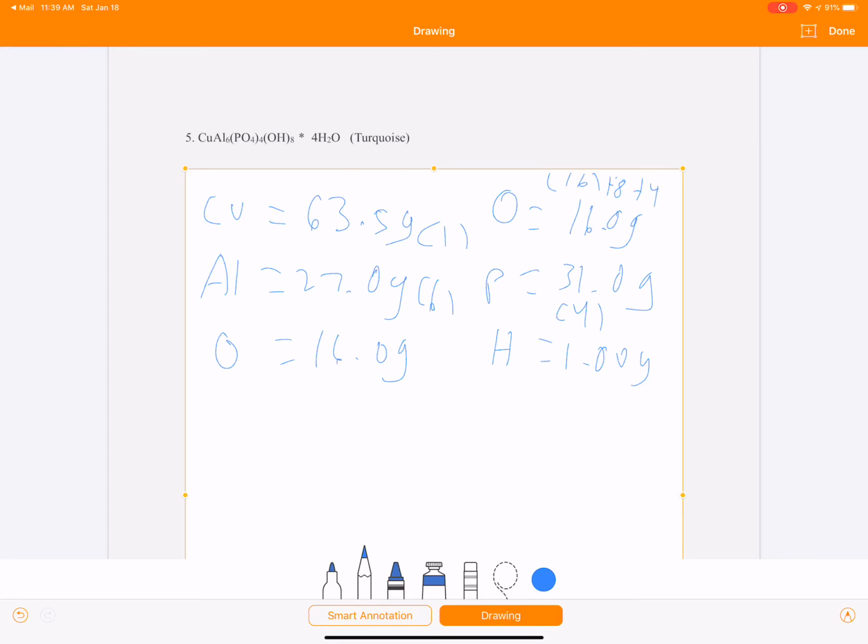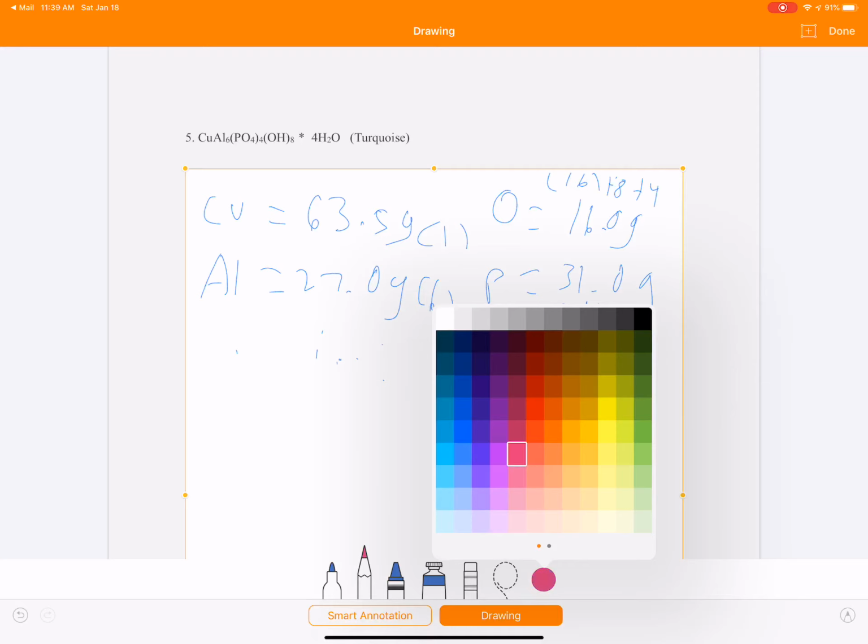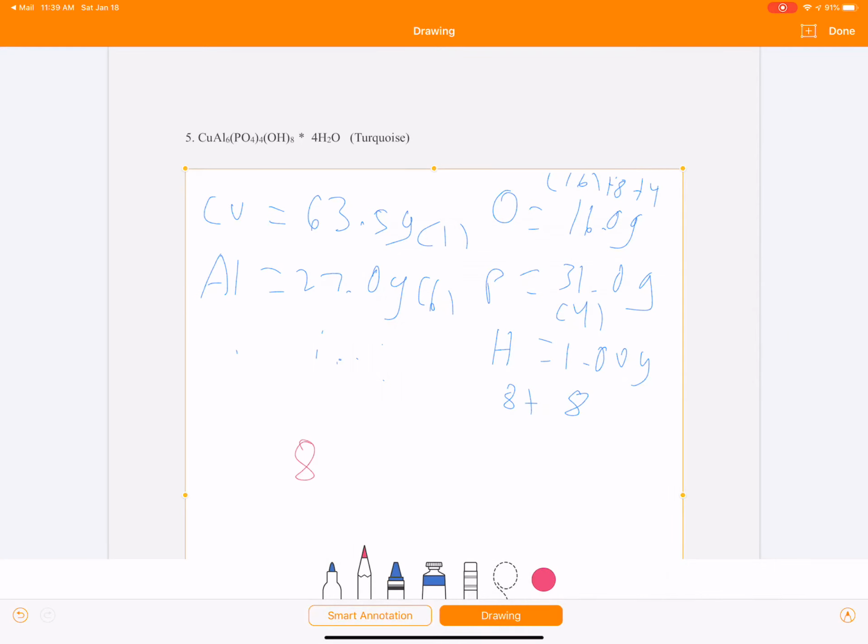So you have to add those up. Then we also have 8 hydrogen in the hydroxide, and we have 8 in the water. When you calculate that molar mass and put it to 3 sig figs, you get 814 grams.